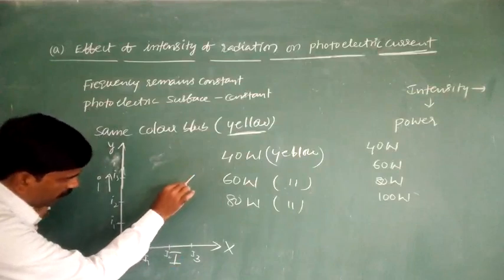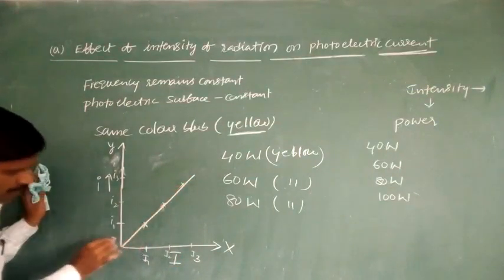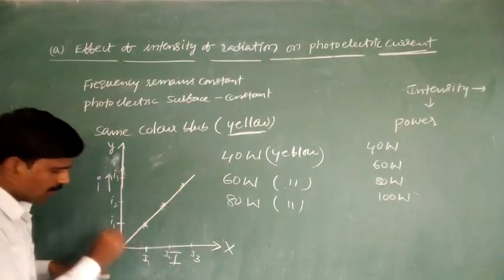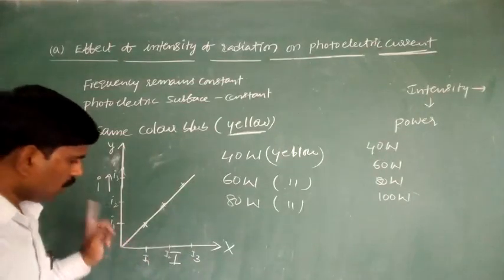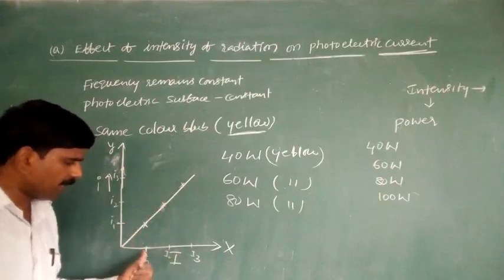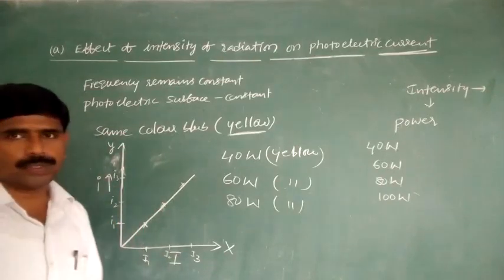If you join all these points, we get a straight line passing through the origin. Observe this graph: as intensity increases, photoelectric current also increases.